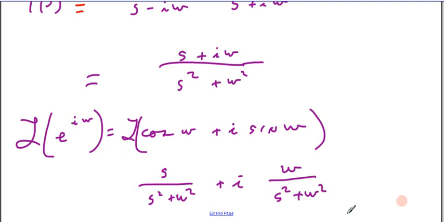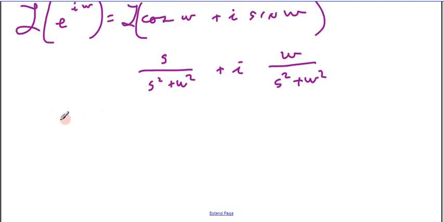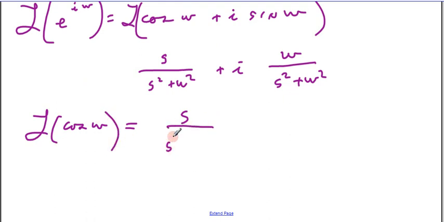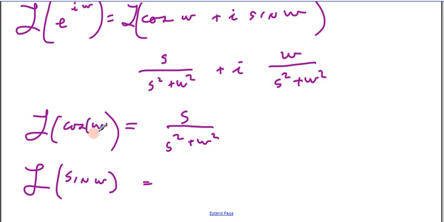So obviously, the Laplace transform of cosine omega is going to be s over s squared plus omega squared. And the Laplace transform of sine omega is going to be omega over s squared plus omega squared, which is exactly what our Laplace transform table tells us it is.